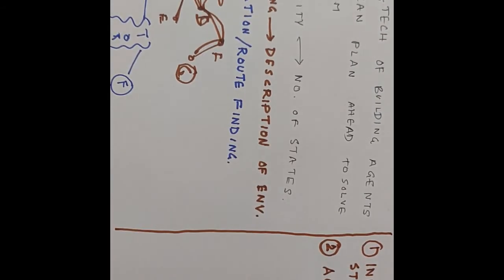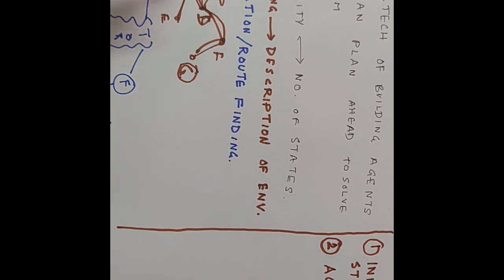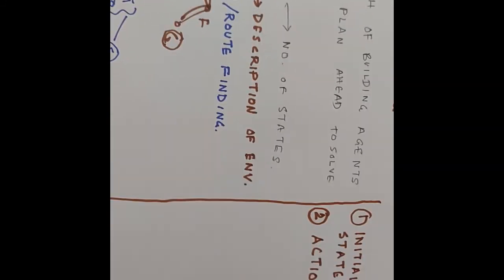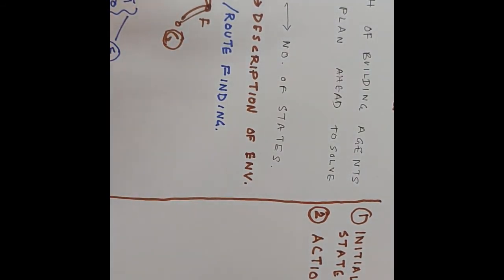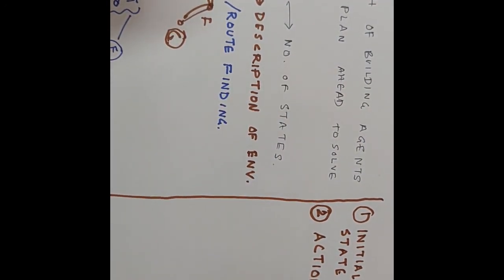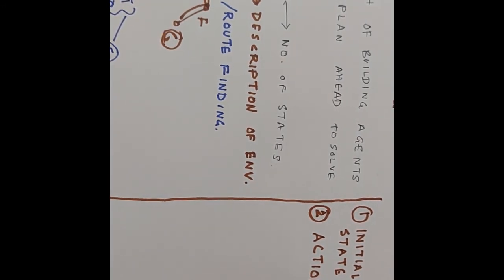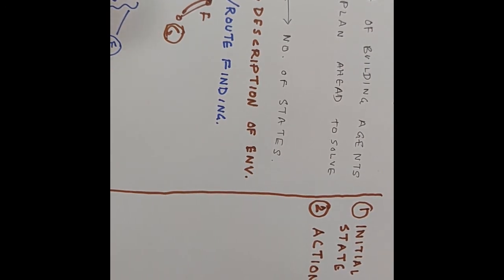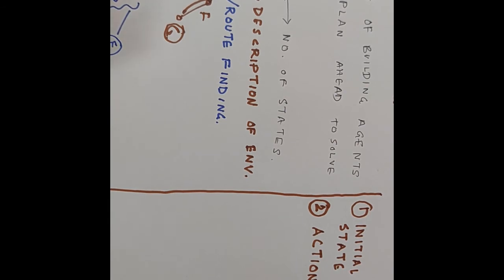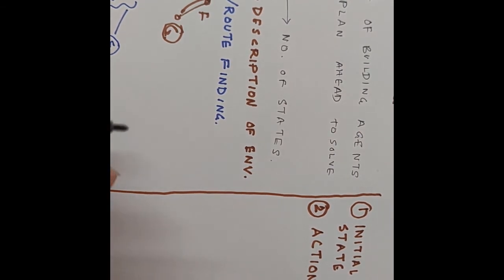For example, if B is a state, and I give this state B as an argument to this actions function, this function will return a set of actions that I can do from that B. The actions are: I can move to D, I can move to A. So these are the two possible actions from B. From C, there are three possible actions: I can move to D, I can move to E, I can move to A. So this is the work of the actions function.